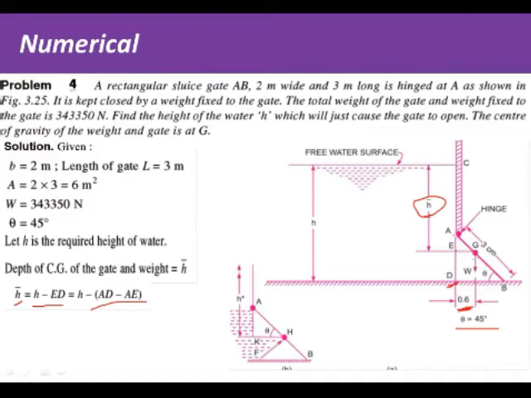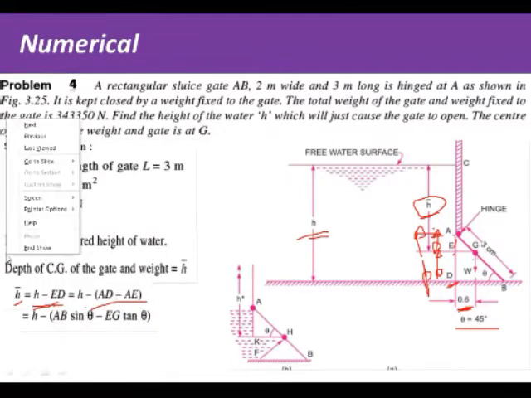After that, from G we will draw one horizontal, which will intersect this AD at point E. So we have two triangles: one is AEG, the second is ABD. In the bigger triangle ABD, H bar is nothing but H minus ED, so H minus ED equals H bar. Now ED is nothing but AD minus AE.